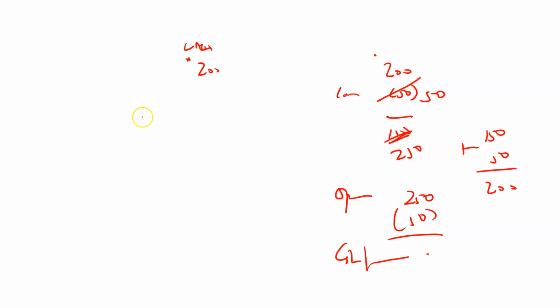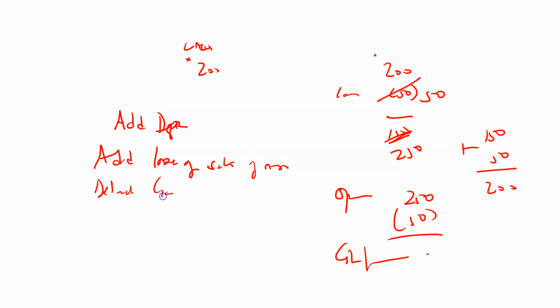So I've done three things there already. I've told you that we add back depreciation, we add back losses on sale of asset, right? And we deduct gain on sale to come back to the original 200. A loss, of course, is on disposal. Remember, you have an asset, say, that was worth 100, and if you sell it for 50, you've made a loss.